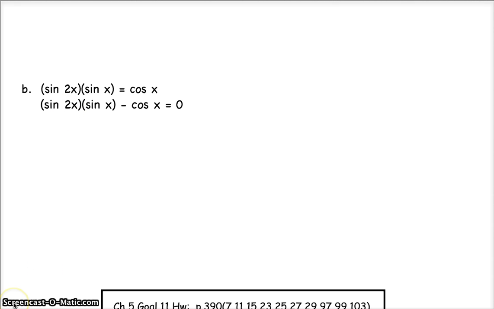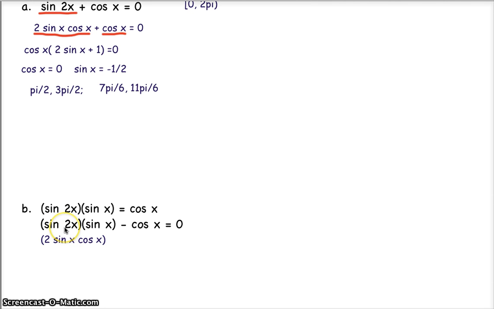So if you'll take a moment and substitute that now. Okay, so now we've substituted in the place of sine 2x, its double angle formula, 2 sine x times cosine x. Now I'll bring down sine x and bring down the minus cosine x, still equal to 0.